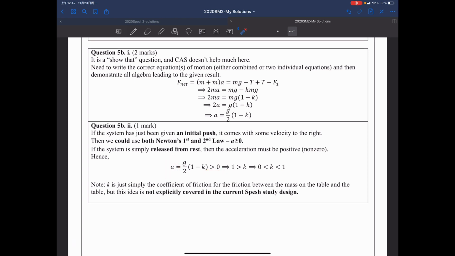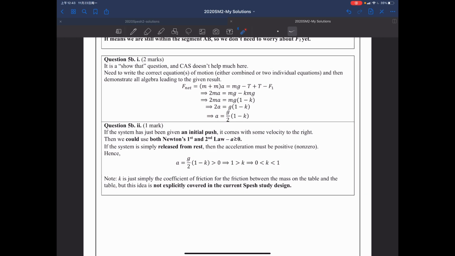In the previous study design, not the current study design of Specialist Math, there was once an idea of limiting equilibrium. In this case, this involves the limiting friction. You could also argue that a is greater than or equal to 0, considering the object is on the point of moving to the right. So you could have 0 smaller than k, smaller than or equal to 1, okay? But in this case, I would just say 0 smaller than k, smaller than 1, okay?